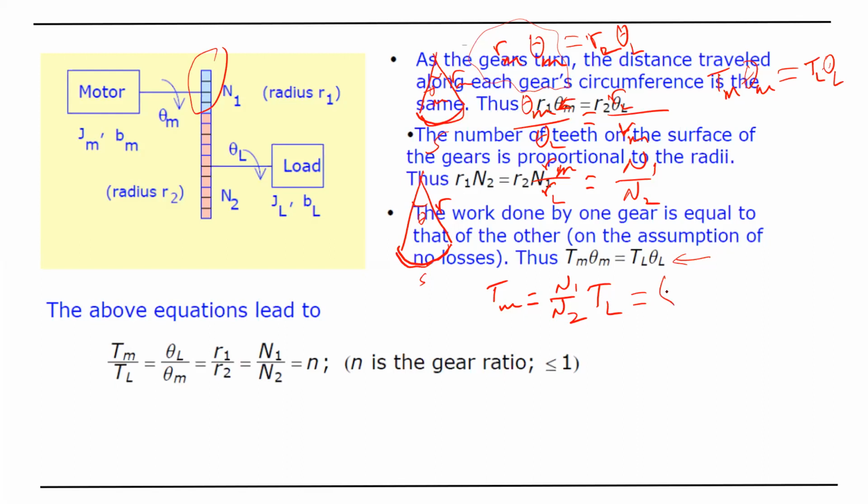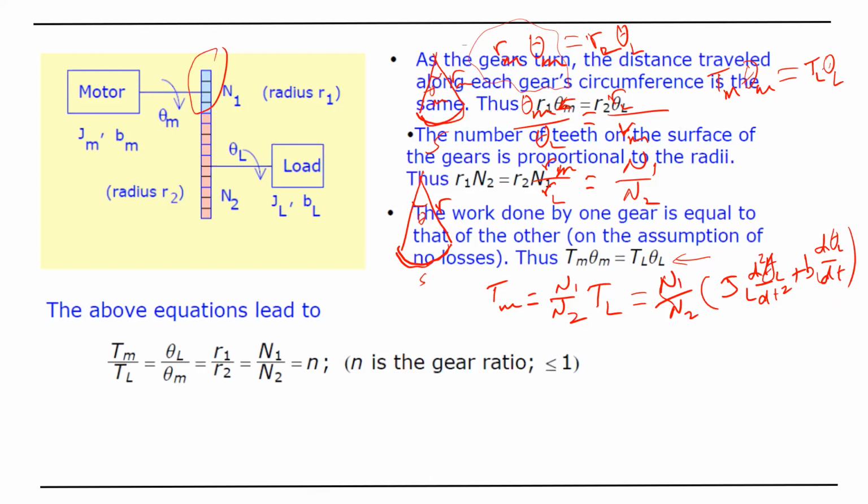This is equal to, of course, N1 to N2 outside, JL d second theta L over dt square, plus BL d theta L over dt. Do you agree? Do you remember this relation? Okay.